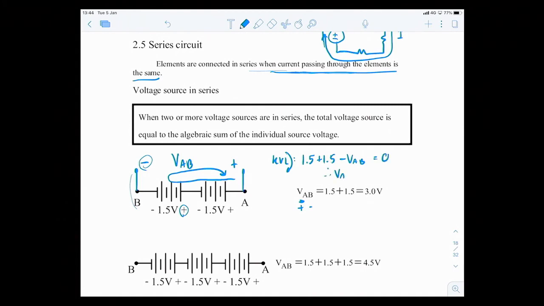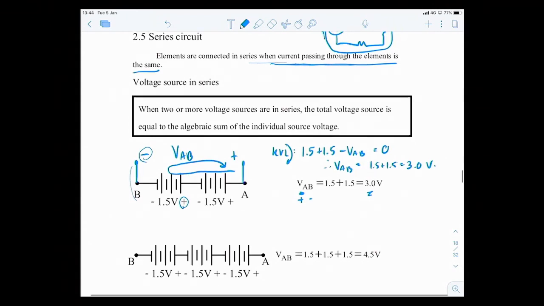So VAB is equal to 1.5 plus 1.5, which equals 3.0 volts. If you use KVL, you shouldn't get wrong answers.